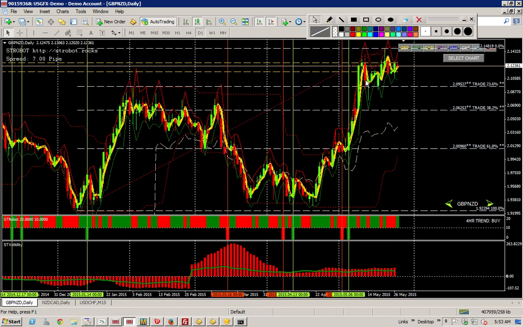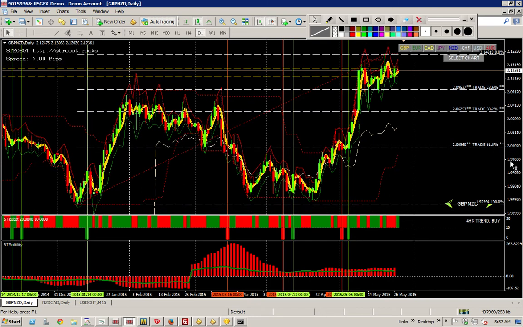So Strobot looks at those fib levels and decides where he's going to trade from. Look at how strong the 100% fib level is here, and you can see how accurately. Strobot uses fib levels for targets, except sometimes he uses Bollinger bands for targets, depending on how he's feeling.